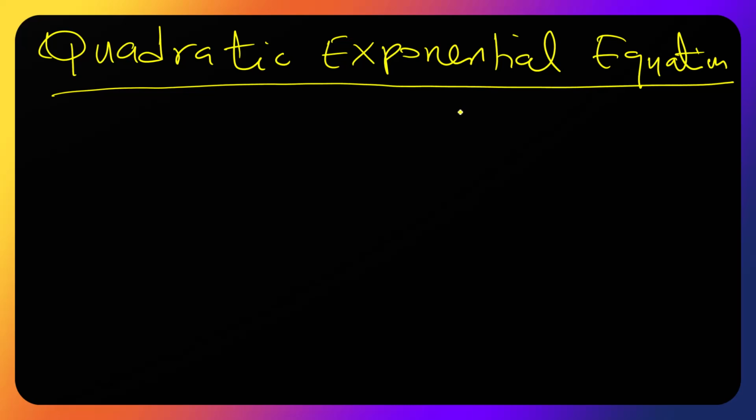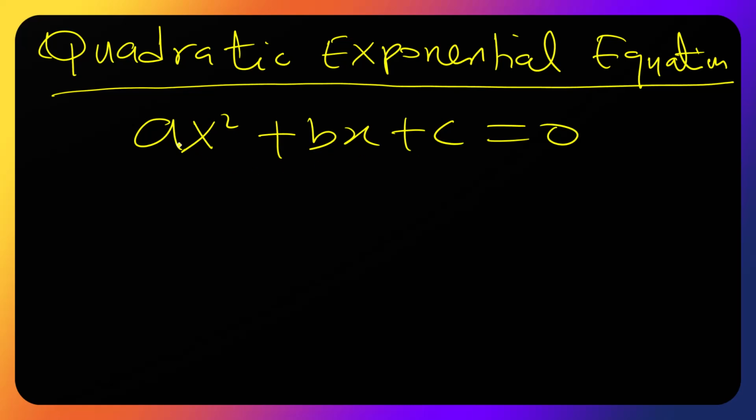In this video, I'm going to talk about quadratic exponential equation. When we talk about quadratic, it's any equation with the form ax squared plus bx plus c equal to 0. So this one is quadratic equation.